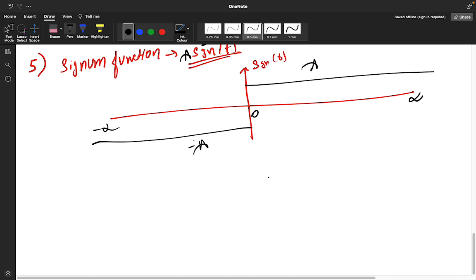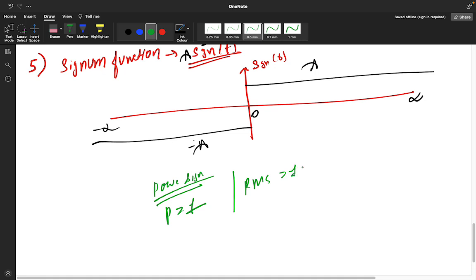This is a power signal. The power of the signum function is 1, RMS value is 1, and average value is 0, because this is negative and this is positive, so both add up and give you 0. I told you the formula of power and RMS.